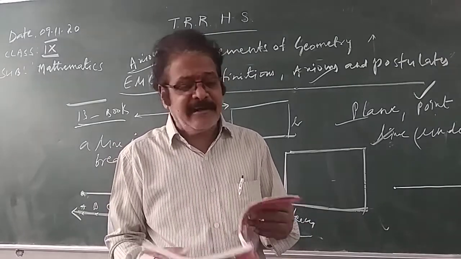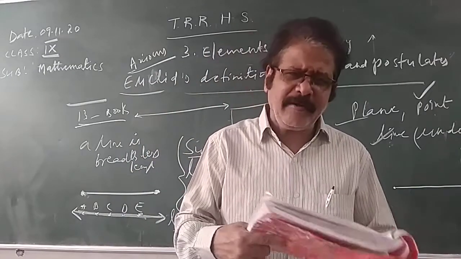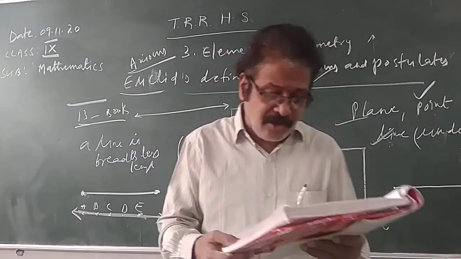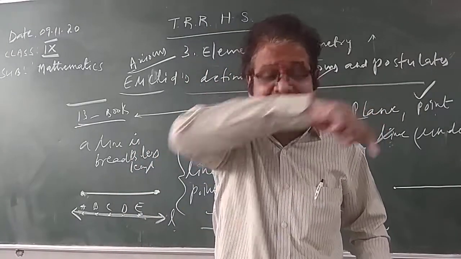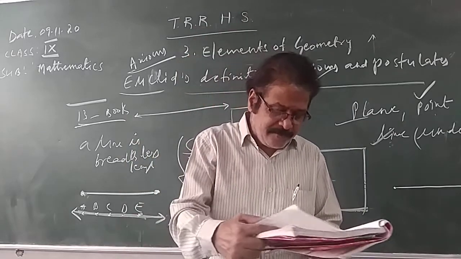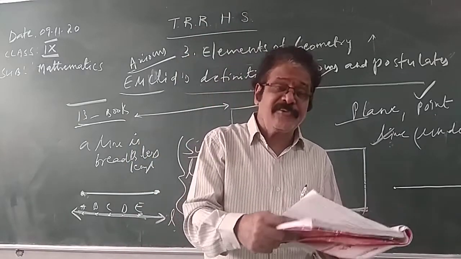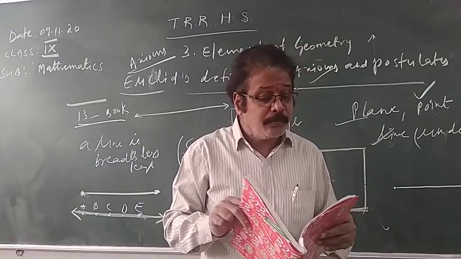With the help of the axioms, we make the postulate. A postulate is also nothing but an axiom. Axioms or postulates are assumptions. Assumption means imaginary, suppose. So axioms and postulates are assumptions which are obvious universal truths. They need not be proved.